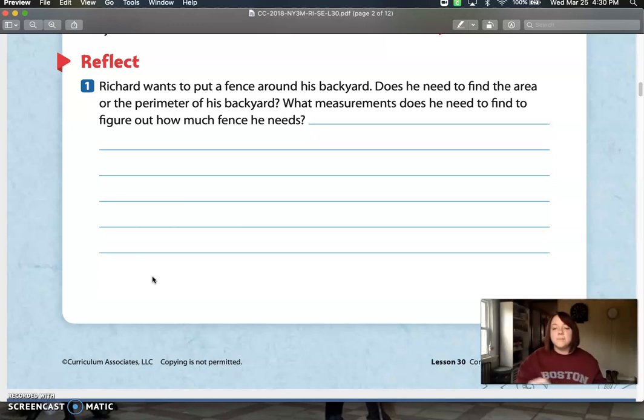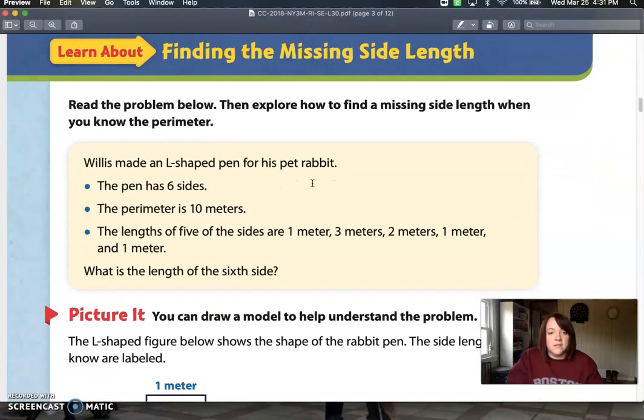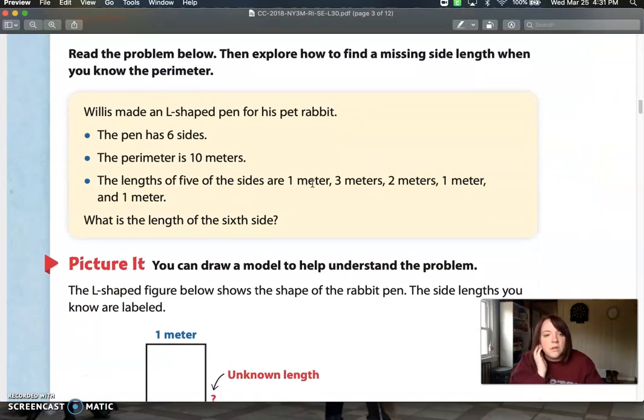Now, if he's just putting it on the outside, not all over in the middle of the yard, we have to use perimeter. So what measurements does he need to find to figure out how much fence he needs? He needs to find the length and the width. So he needs to find both sides, the long sides and the short sides. Okay, that's just kind of like a little problem.